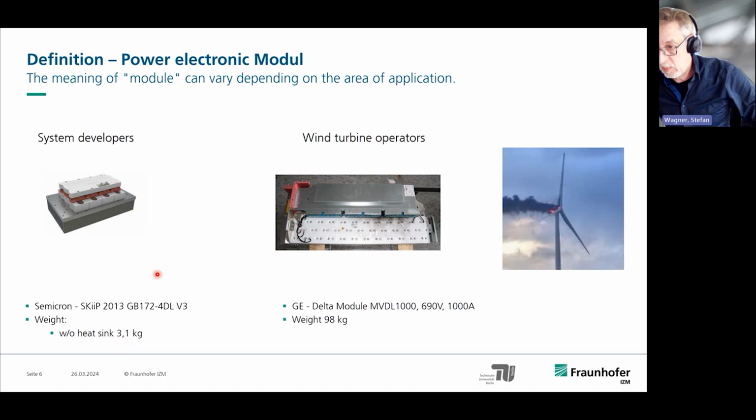3.1 kilograms. If you discuss with partners or colleagues who come from the wind turbine, from the operation side, when they say the word module, they mean something like this. This is the Delta module from General Electric with a weight of 100 kilos.